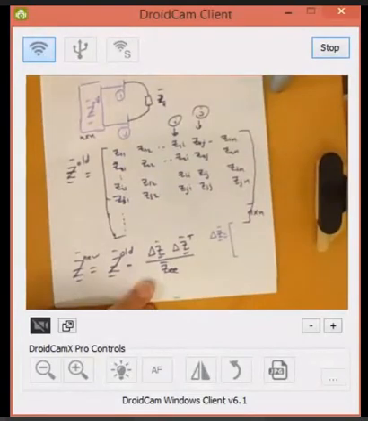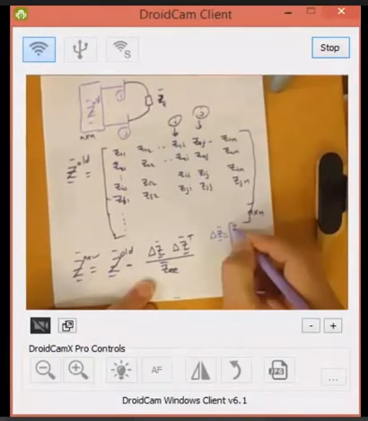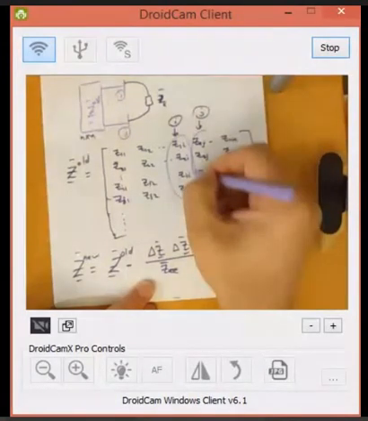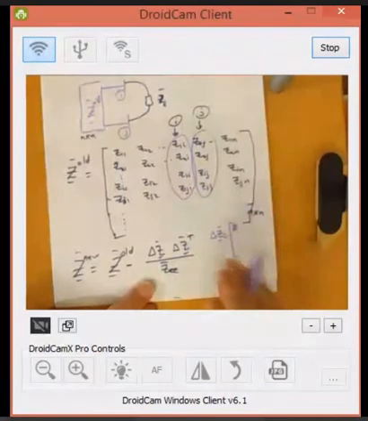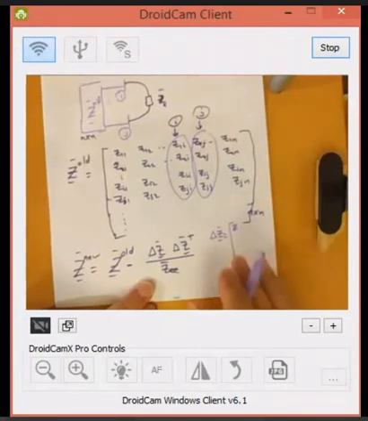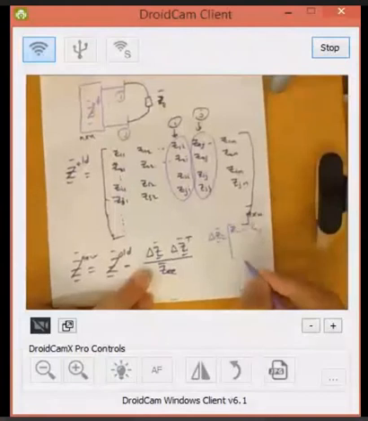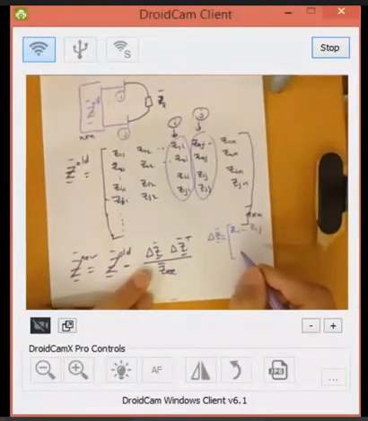So Z1I minus Z1J, Z2I minus Z2J and so on. Column I minus column J or the reverse is the same, because we multiply by delta Z transpose. So this is delta Z.